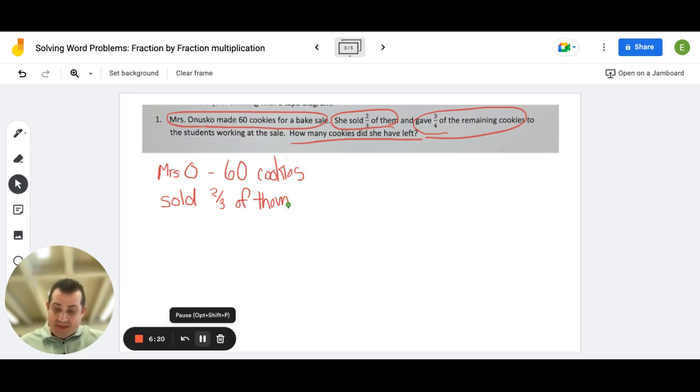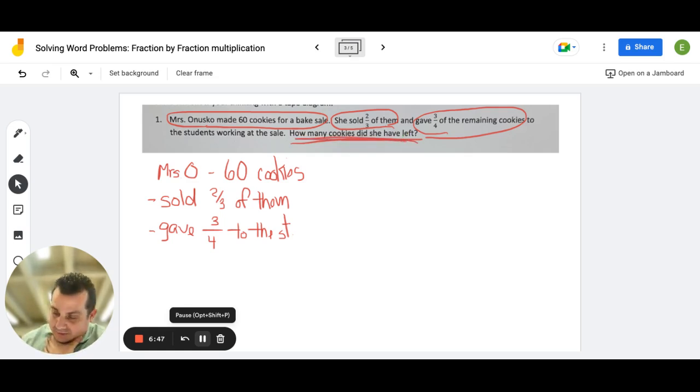Okay. And then she gave 3/4, right? Gave 3/4 to the students. I'm going to put just ST. Okay. How many cookies did she have left? That's what we're looking for up here.